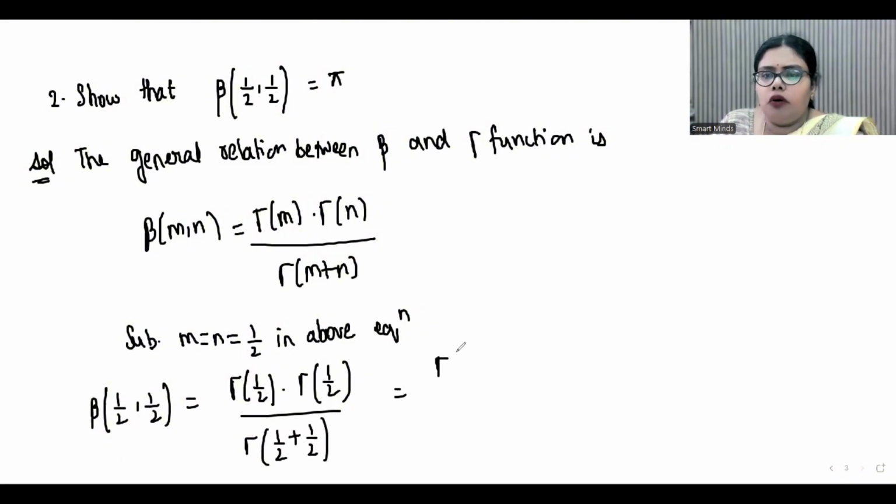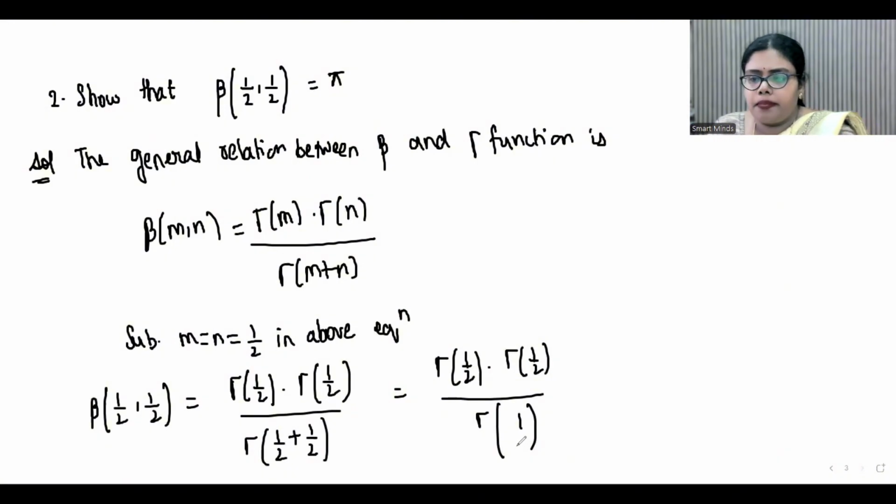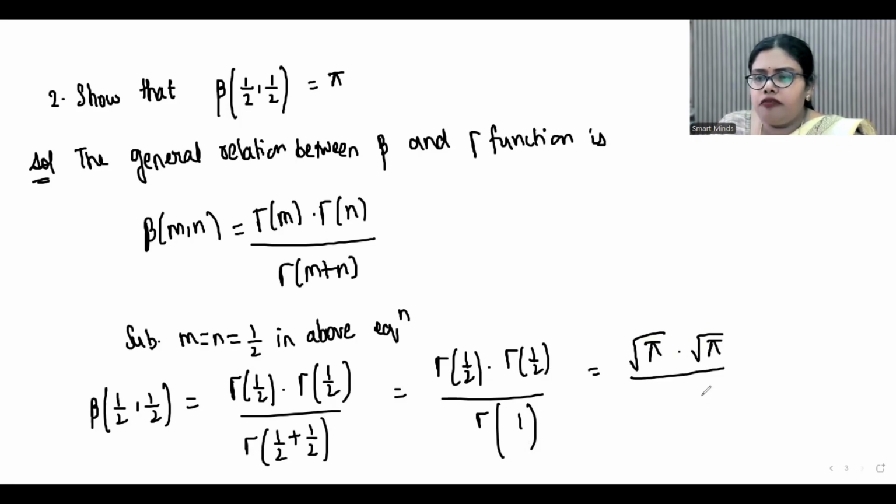That is gamma of 1 by 2 into gamma of 1 by 2 by gamma of 1. We know that gamma of 1 by 2 is root pi. So this is root pi into root pi by gamma of 1, which is 1. That is equal to pi.